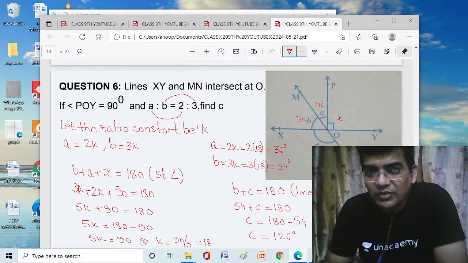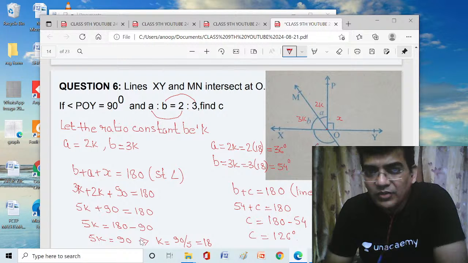So we can write over here x plus y plus z plus w is equal to 360. And how can we say that it will be 360? Because we can say these are angles about a point.